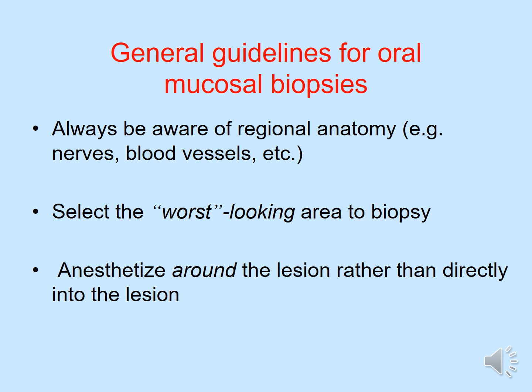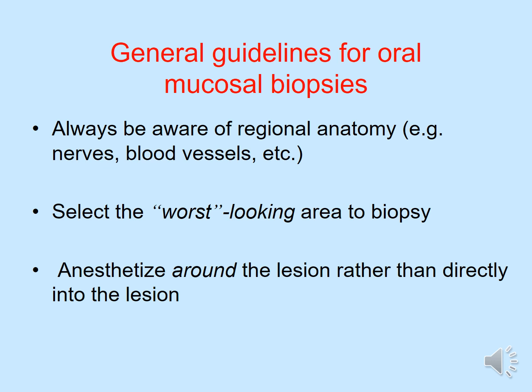So let's look at some general guidelines for oral mucosal biopsies. Okay, so mucosal biopsies are one among the most common biopsies that are done in dental offices. So first of all, we always need to be aware of regional anatomy. That means you need to be aware of the nerves, the blood vessels, any important structures that are present in the vicinity of the lesion. Then we select the worst looking area for the biopsy.